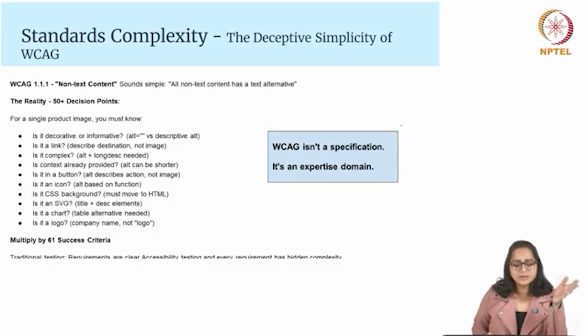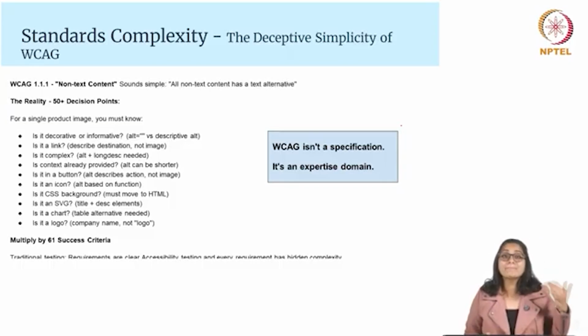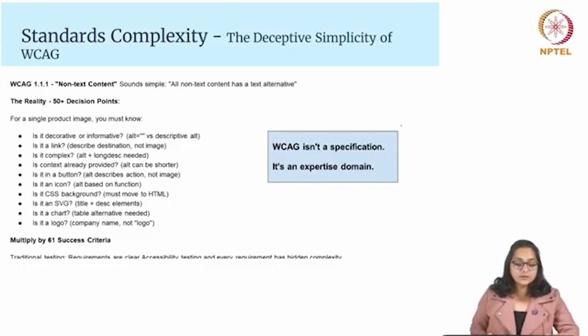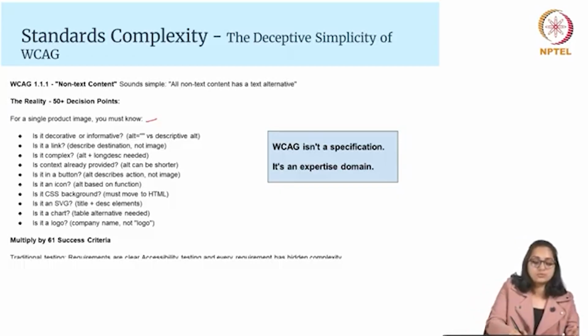Sounds pretty simple, right? But the reality is that it may need 50 plus decision points, and that is only possible through manual accessibility testing. So for a single product image, you must know, is it decorative or informative?